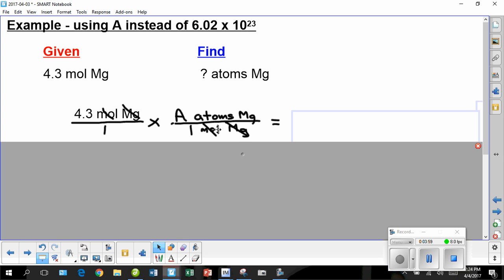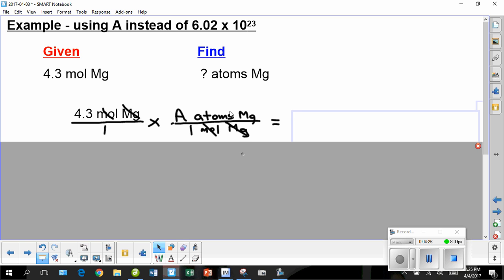See, I'm canceling out moles, and I'm canceling out magnesium, and those 2 units of measure are now gone. They don't exist anymore because they canceled out. And now all I have left is 4.3 times the A number of atoms.